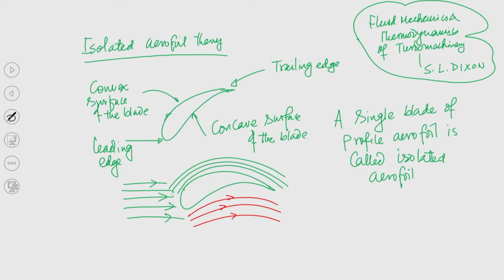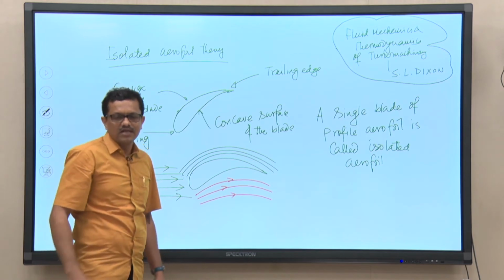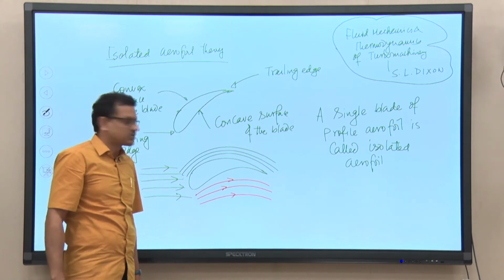As a result of this type of fluid dynamics, the flow velocity on the convex surface is very high, and here streamlines are not very close to each other. So, flow velocity is not very high. So, basically flow is not getting attached to the blade, you can see. In fact, you have studied this, I am not going to discuss that part, and that is discussed in detail in the fluid mechanics course.